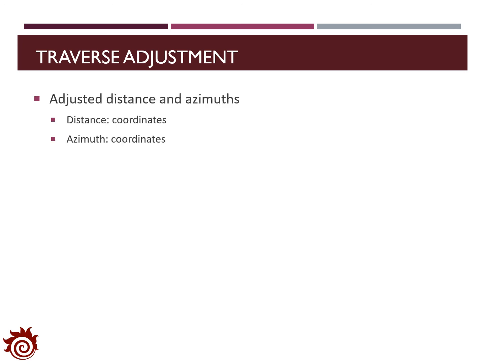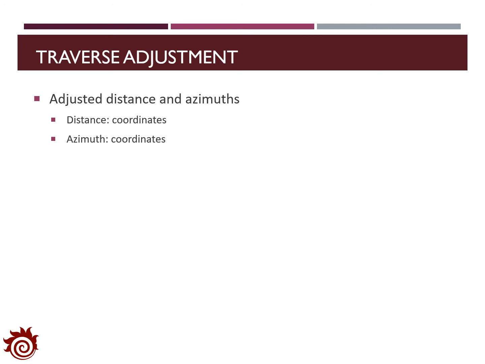With the adjusted coordinates for all the points, we also need to adjust the distance and azimuths for all the lines. With these two terms, we can actually apply the coordinates for the estimation of the adjusted distance and azimuths.